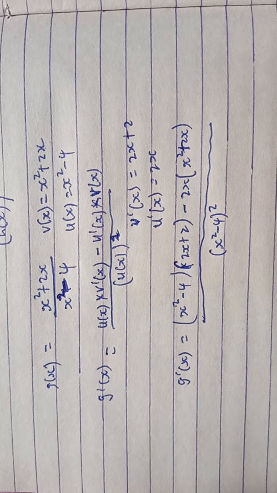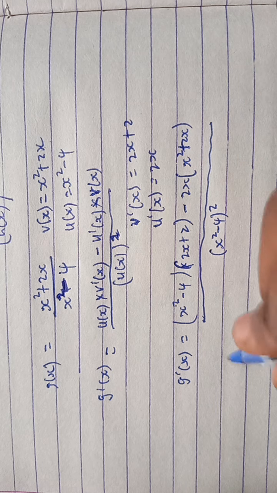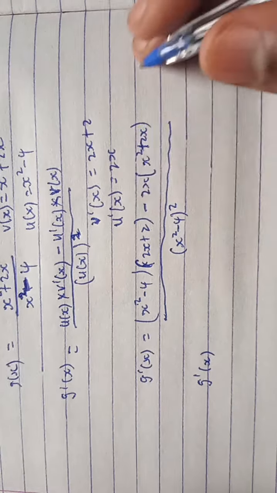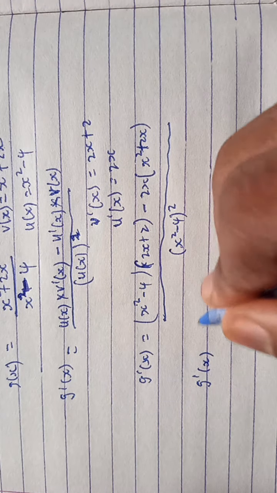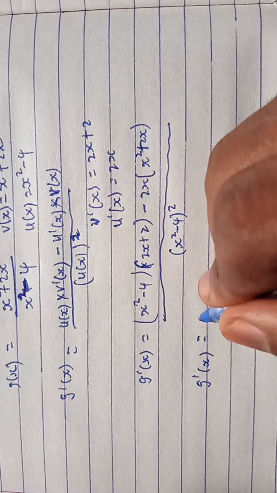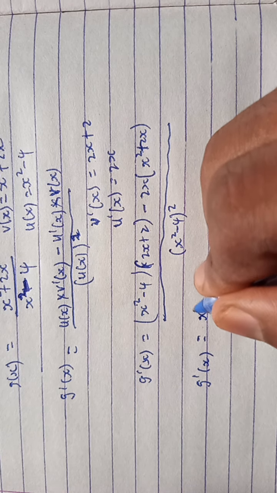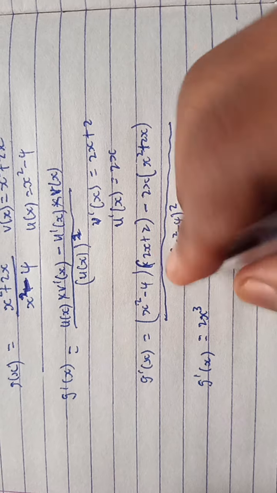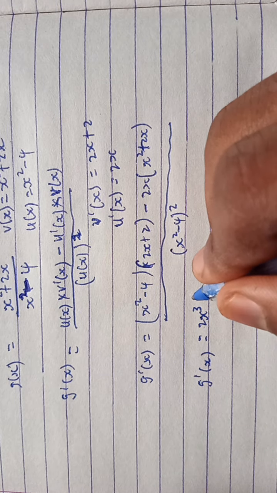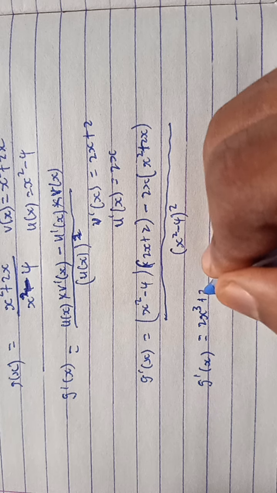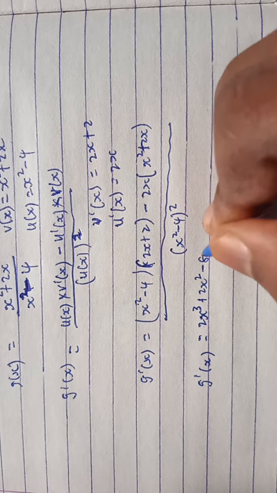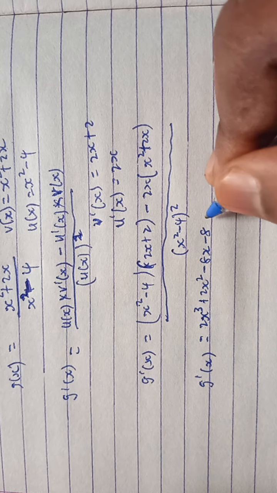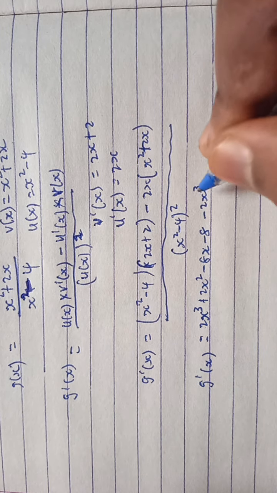Then moving forward, what will we get? We'll have g prime of x to be equal to, expanding this, 2x power 3 plus 2x squared minus 8x minus 8, that one minus 2x power 3.